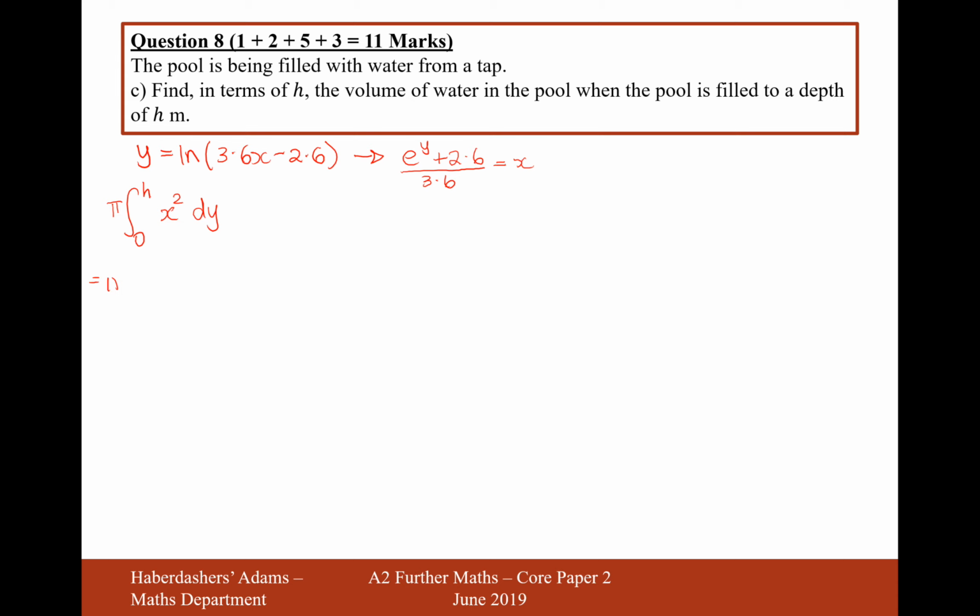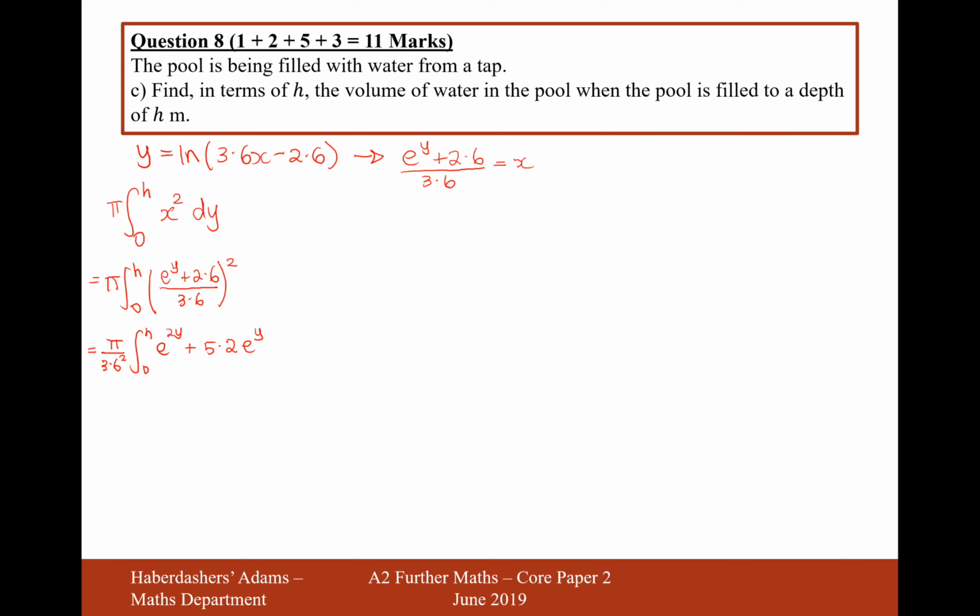So now it's going to be that thing squared. So this is going to be equal to pi times the integral from h down to 0 of (e to the y plus 2.6 over 3.6) all squared. Now I think I'll take the 3.6 squared to the front, and that will leave me with just the numerator being squared in this bracket, so it's going to be e to the 2y plus 2 lots of 2.6, 2 times 2.6 is 5.2, so 5.2 lots of e to the y.